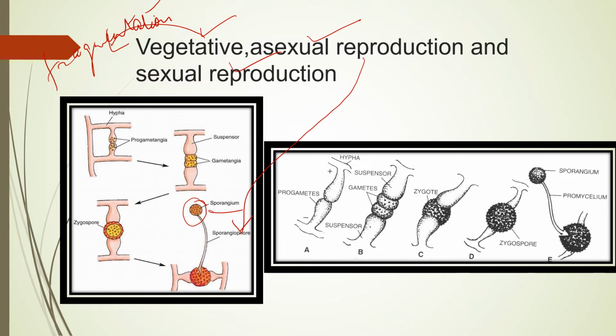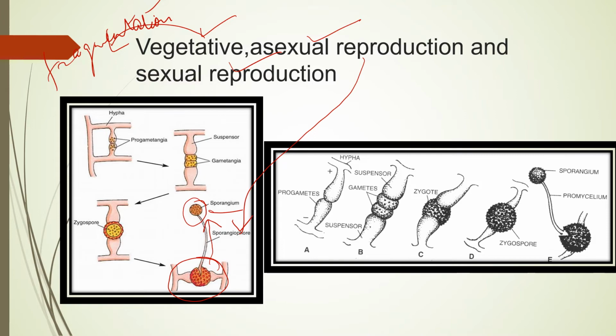It is differentiating into a denser peripheral region with more nuclei and the central columella region with fewer nuclei and more vacuoles. And you can see here, down here is the sporangium, whose wall has ruptured after maturation, and the sporangiospores are coming out in the form of a powdery mass.